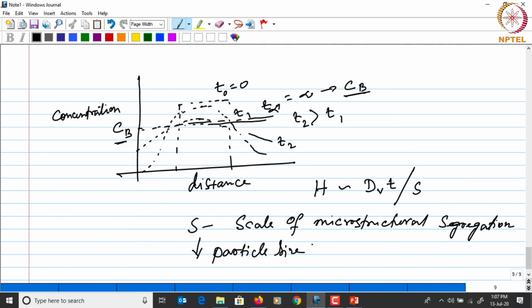And this depends on the particle size, concentration, and microstructure of the powders.